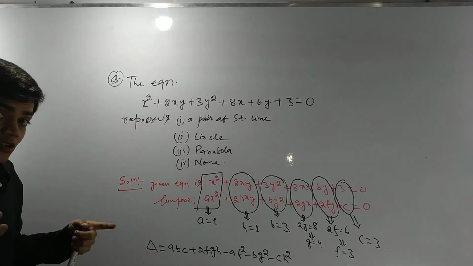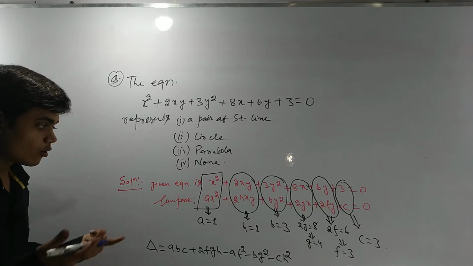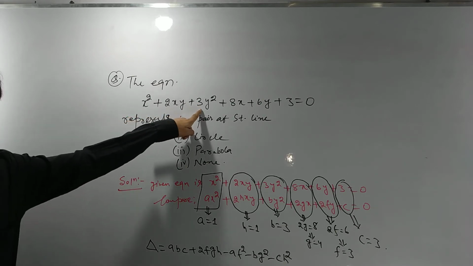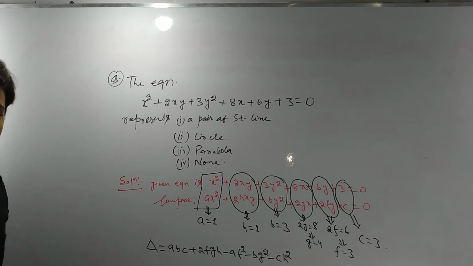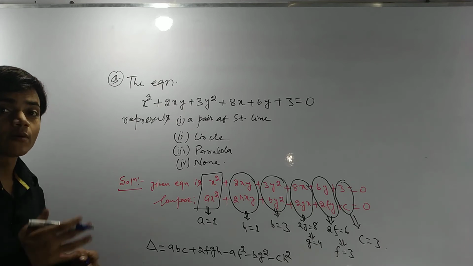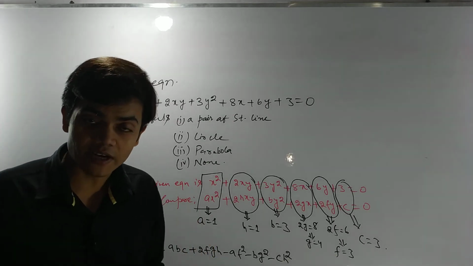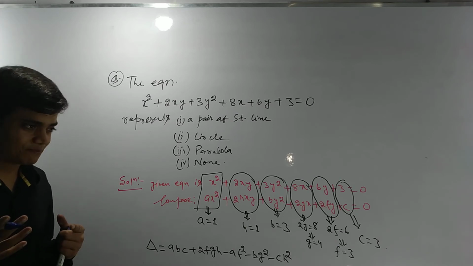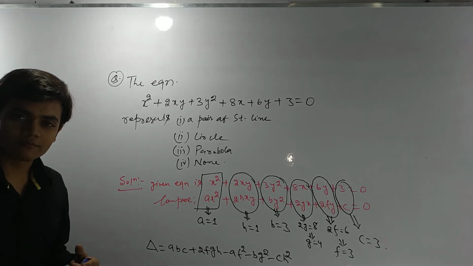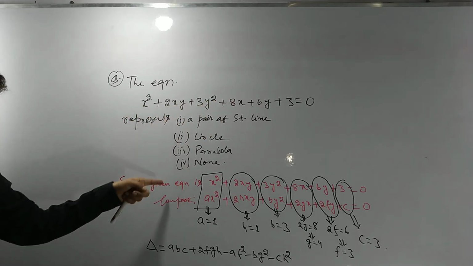But if this delta is not equal to 0, then you have to see another fact, whether the coefficient of x square is not equal to the coefficient of y square. So this is not going to be a circle. Then what about parabola? Is h square equal to ab? Is h square less than ab? Is h square greater than ab? Now you can decide which curve this equation represents.